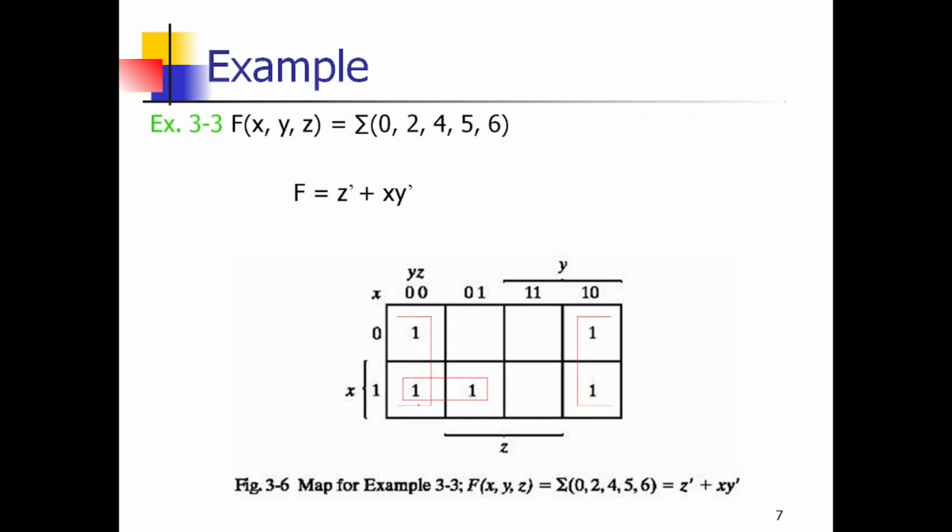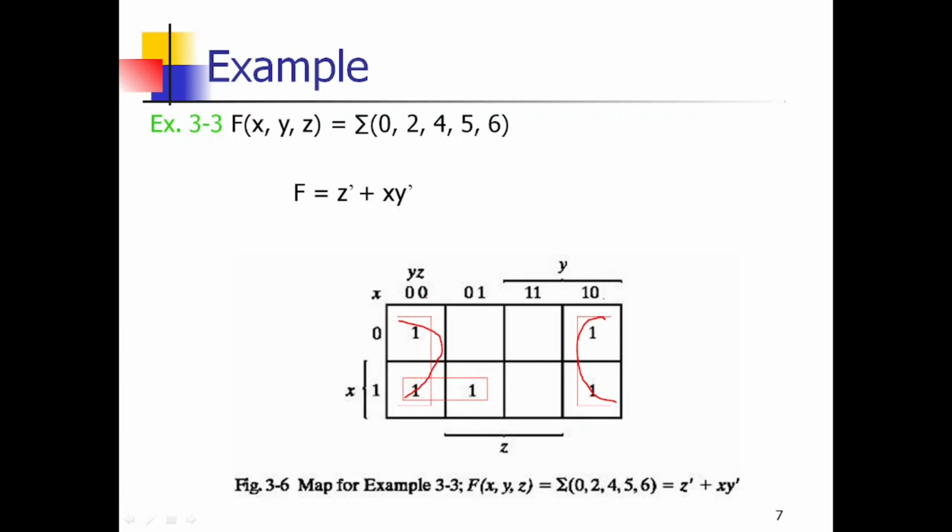After mapping we have to write the terms for the quad and the pair. What is the term for this quad? Here the different terms are y dash and y, right? So y dash plus y becomes 1, and here we are having z dash. So 0 says that z dash.